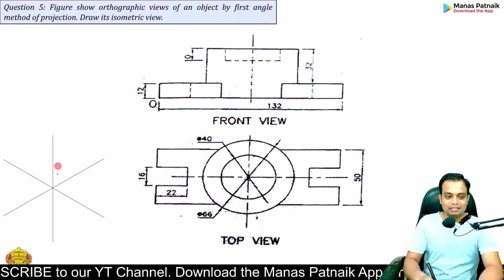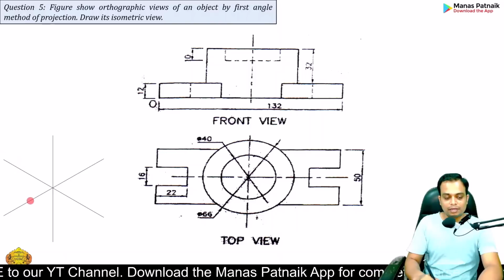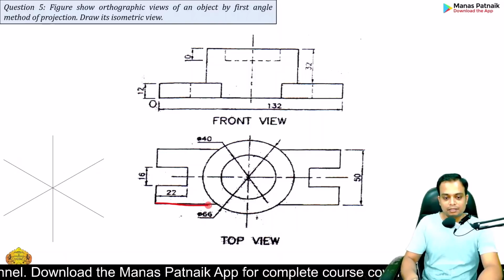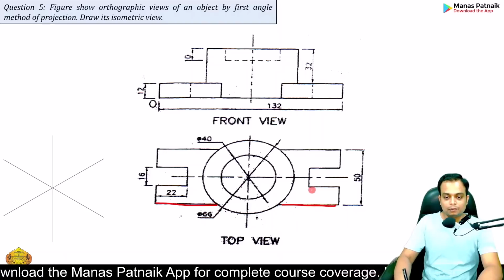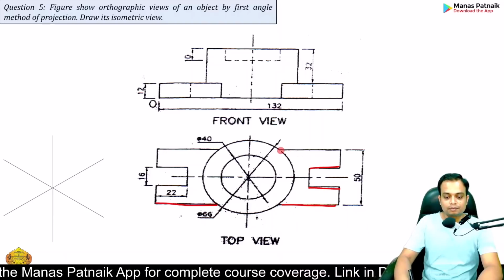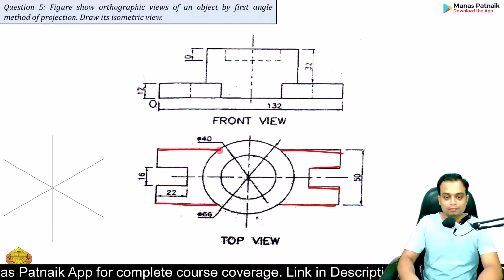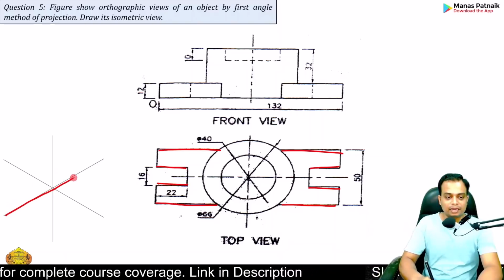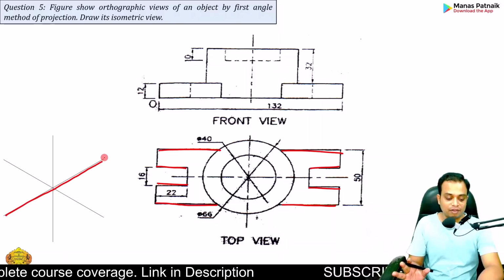Sir, when does this line come into the picture? This line over here. All of these horizontal lines correspond to this isometric axis. I hope I've made myself absolutely clear.